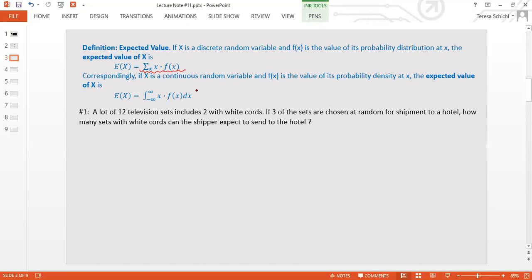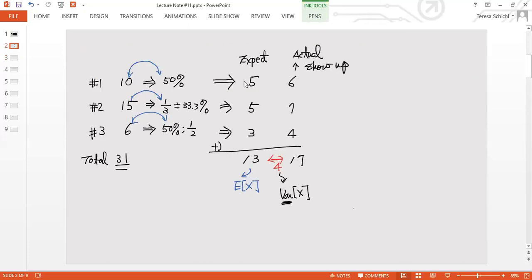It's x times the probability, then you add them together, right? Of course, in here I'm just doing a demonstration. If you do it for a random variable, then all the probabilities you add up should be 1, because a random variable covers the whole sample space. As you see here, it does not add up to 1 because I just try to demonstrate the concept of expected value.